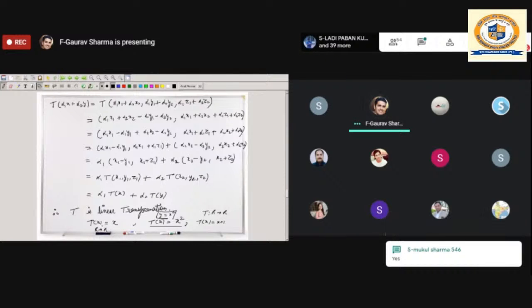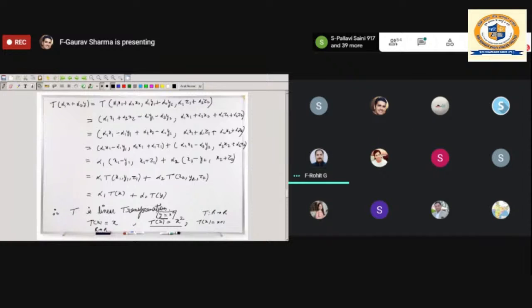So this is an identity map. Sir, I want to add one more. Yes, please. Can we say that a line passing through the origin should be mapped into a line passing through the origin? Then only the transformation is a linear transformation, because in the third one the line is mapped into a line, but it is not passing through the origin.